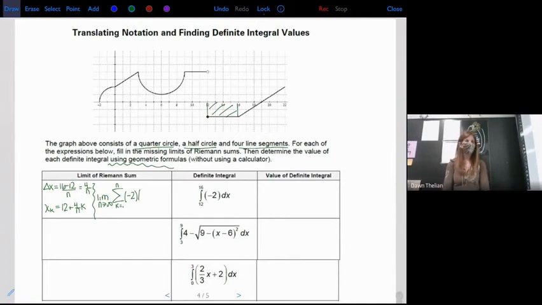So that's our limit of the Riemann sum. The value of the integral is as easy as base times height. 1, 2, 3, 4. Height of 2, but it's below the x-axis, so negative. Just put a negative in front of there, -8.